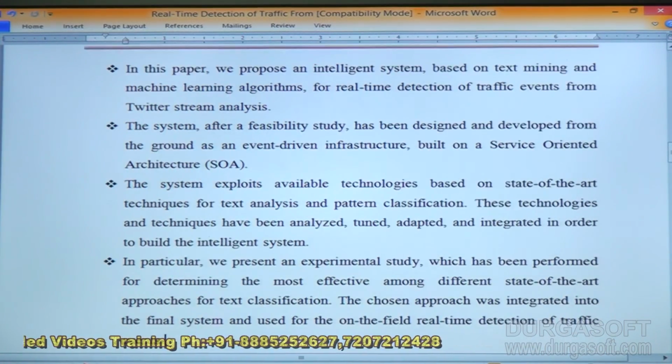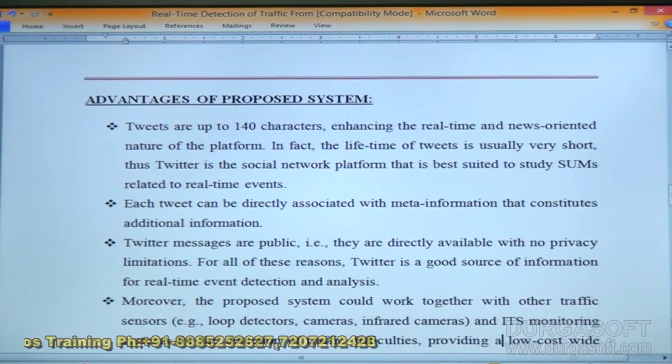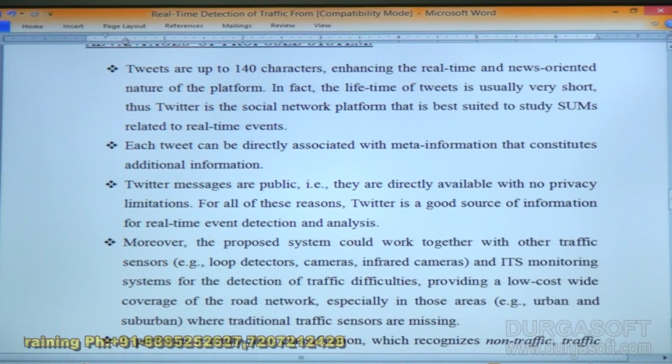And we have already seen the proposed system. Check the advantages of the proposed system. We know that tweets are up to 140 characters. Twitter allows only 140 characters as a single tweet. So more than 140 characters cannot be put in a single tweet.